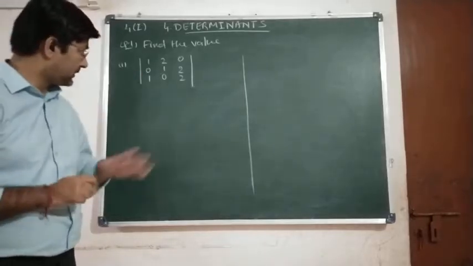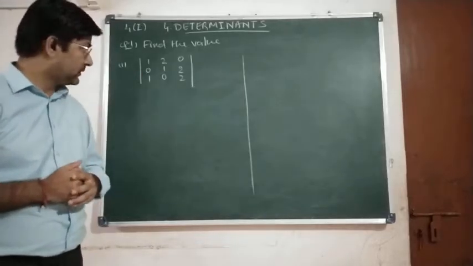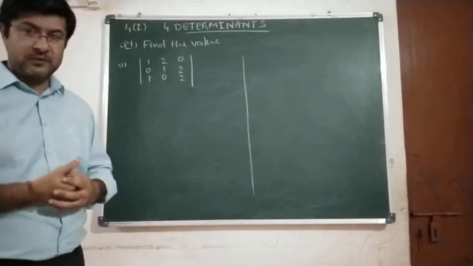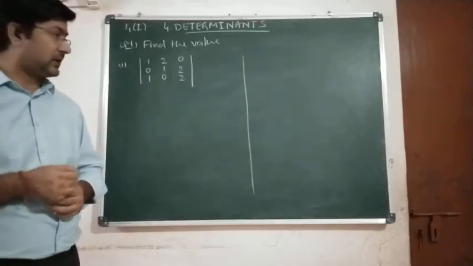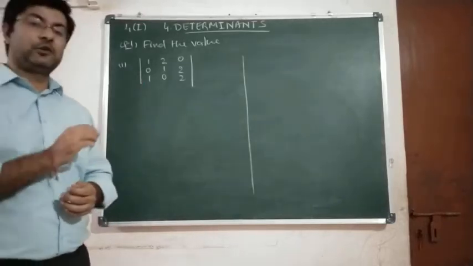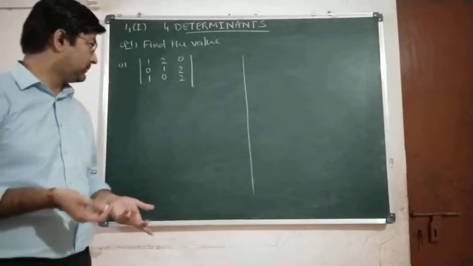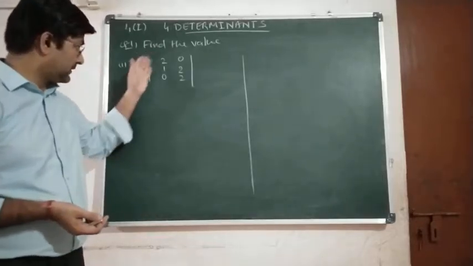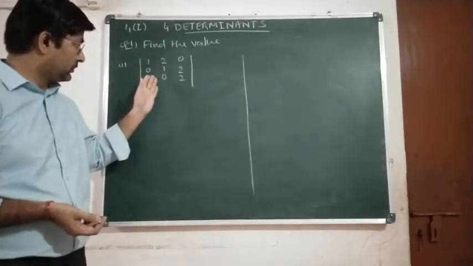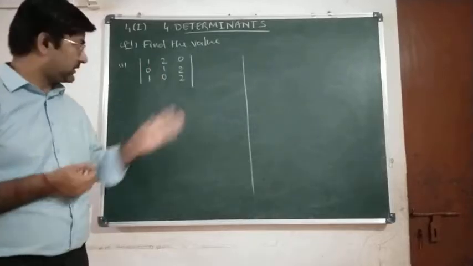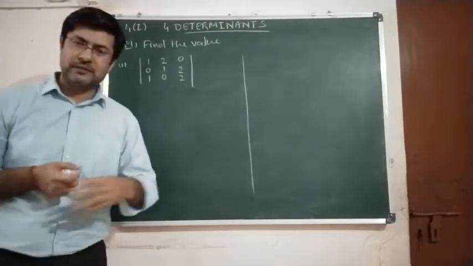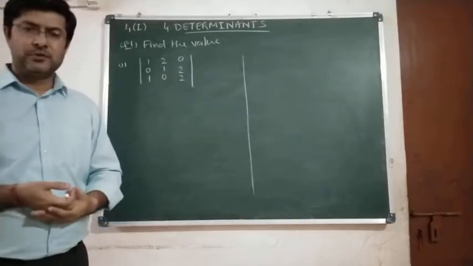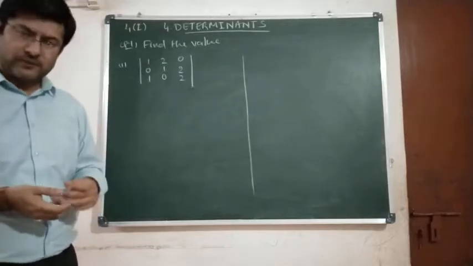The first row and the first column both have the same number of zeros, so you can expand along either. You can even expand along the second row, second column or third column, but it is usually convenient to expand along the first row or first column.